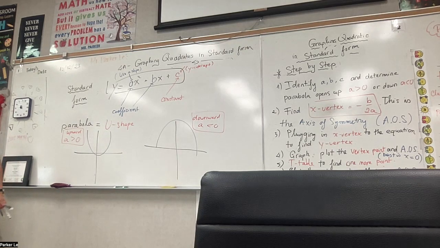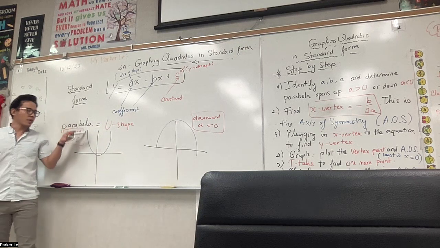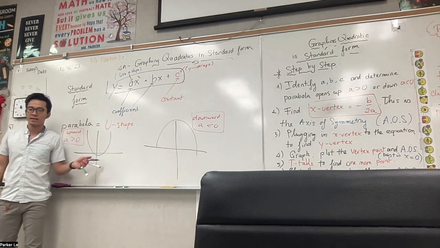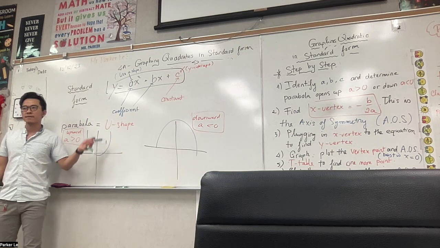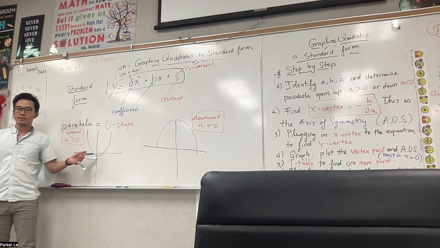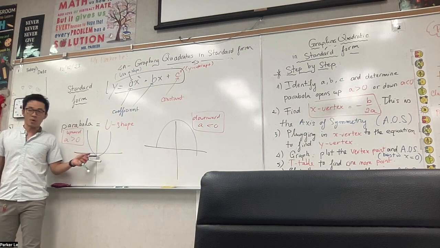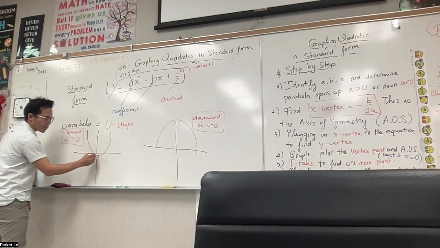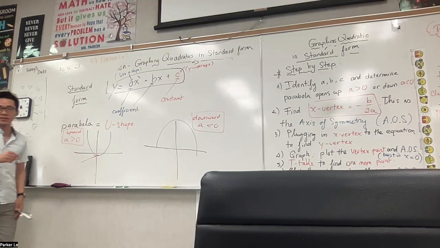All right, next. When you look at the U shape like this, which point do you think is a very important point? Middle. Right here, right? Very good. There's a name for this.